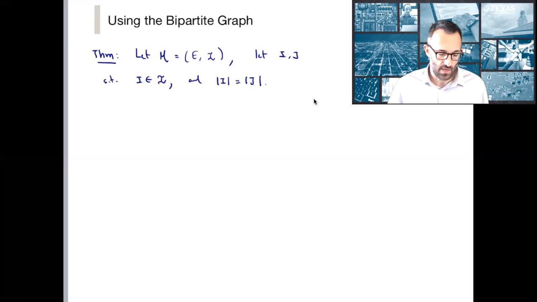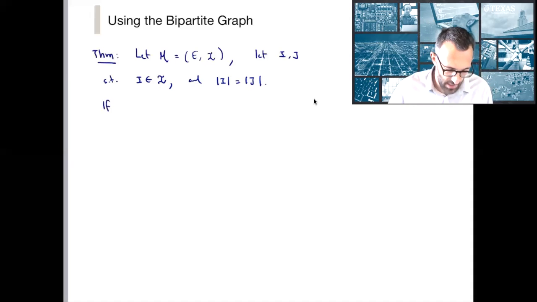If there is a unique, and uniqueness is important here, perfect matching on the symmetric difference between I and J, then this guarantees that J is also an independent set.